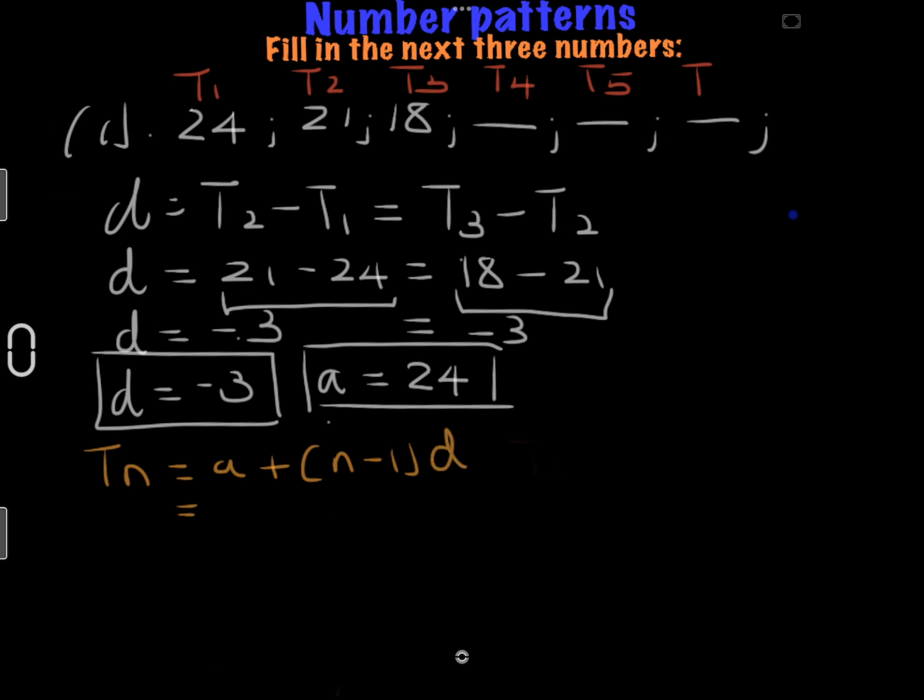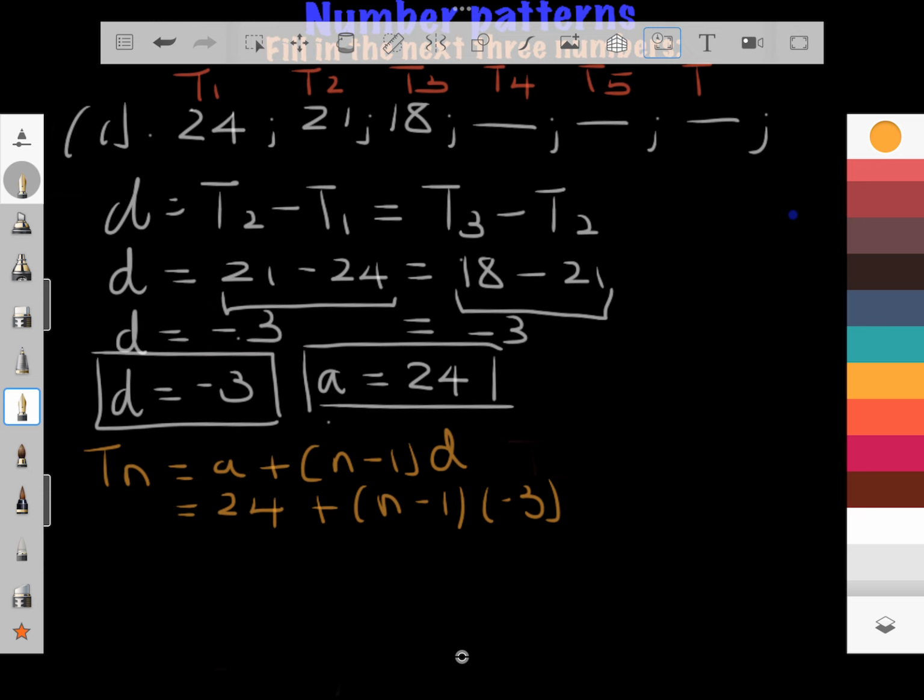A in this case is 24, right? 24 plus open bracket n minus 1 multiplied by the difference. Difference in this case is negative 3. But there are a couple of things that I like to highlight in terms of multiplication of operations. So let me emphasize some key conceptions.